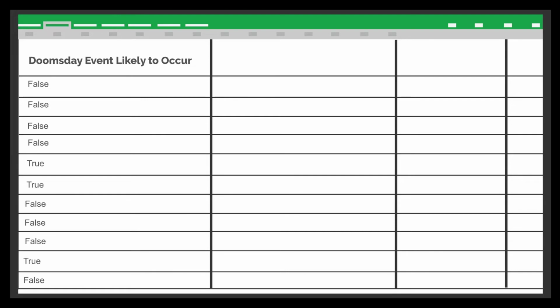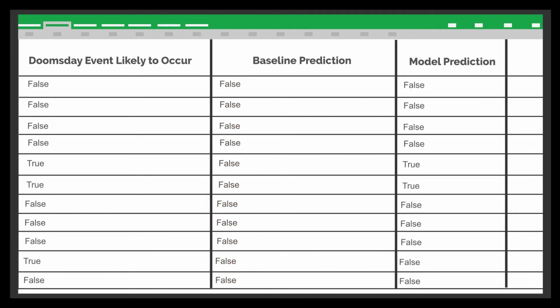For example, in a doomsday analysis, the most popular class would be no doomsday or false, because there are more false values than true. So the baseline would assume that there will never be a doomsday event and all predicted values would be false. Your model would be compared to the baseline, and you would be able to determine if it's any better by comparison.